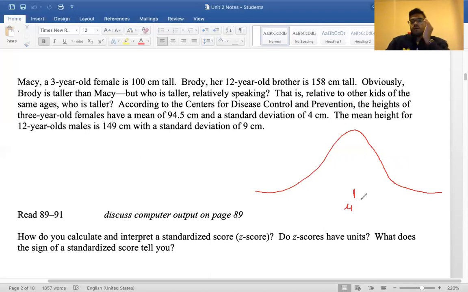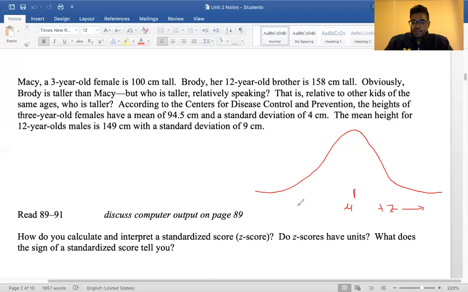This is now a standardized curve, and what you're looking at is your distance away from the mean. Your z-score is a measure of that distance away from the mean, which is what the next question is going to talk about. But essentially, you have positive z-scores going this way.